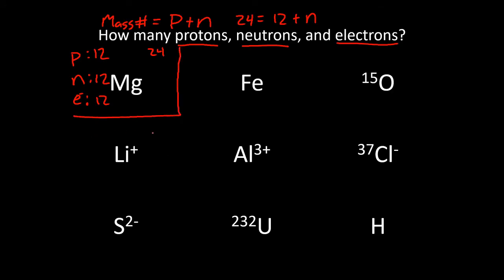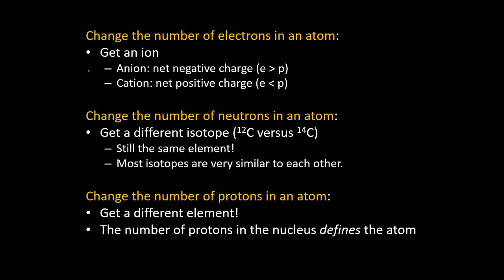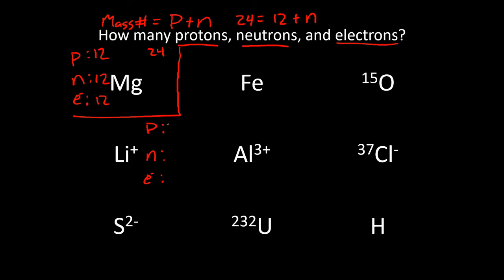Let's look at a slightly different one here. Let's look at lithium. So, lithium, if you go to the periodic table, has 3 protons because it is the third element. It is actually the lightest metal because hydrogen is not a metal. So it has 3 protons by definition.